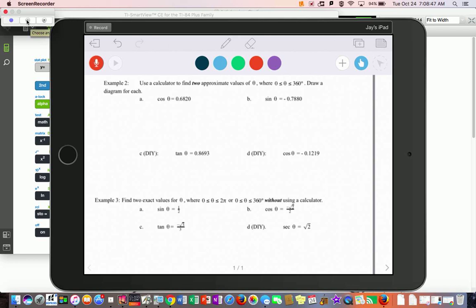Okay, the next set of problems, we're supposed to find two approximate values between 0 and 360 for the given decimal. So the first thing we have to do is get theta by itself. So we're going to do cosine inverse on both sides, and we'll figure out what theta is.